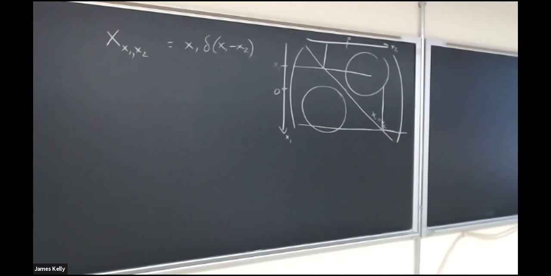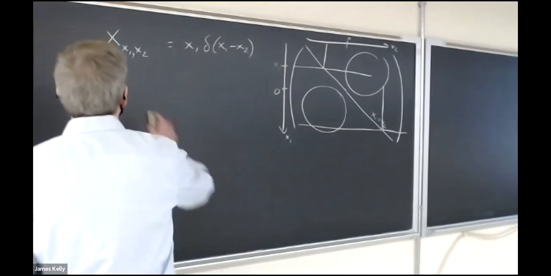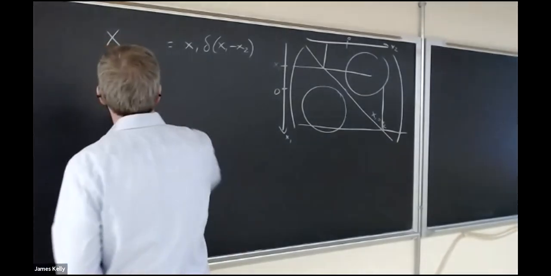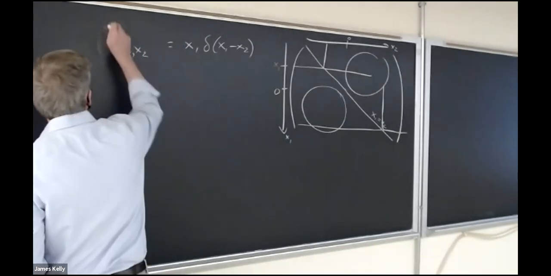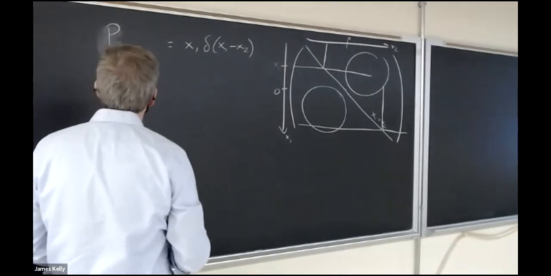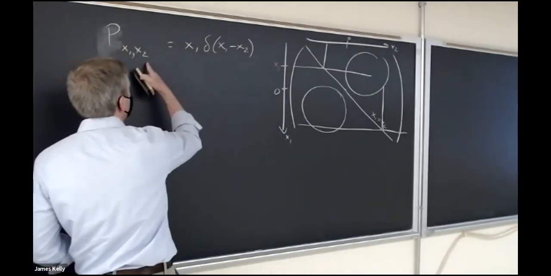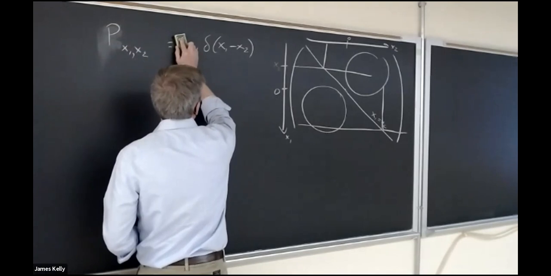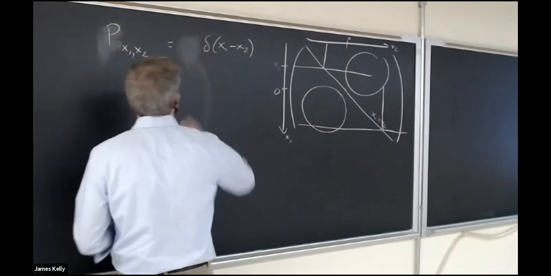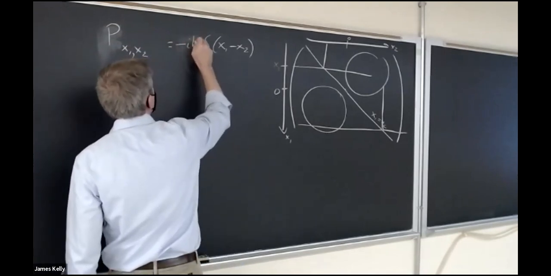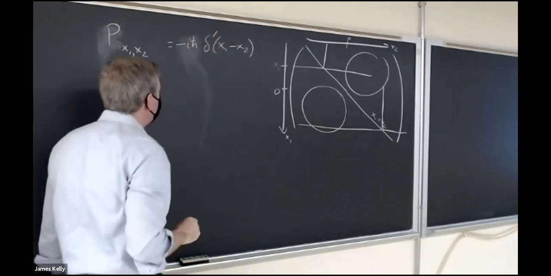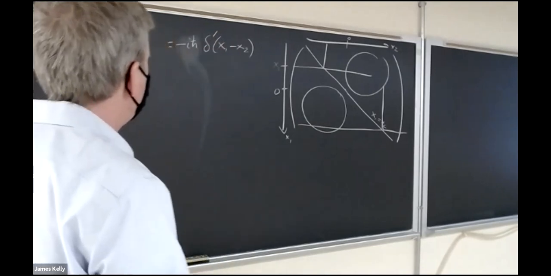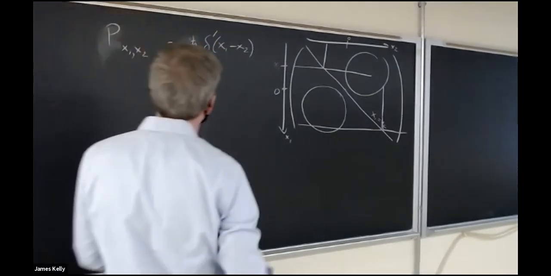So again, I guess we need to figure out what a derivative of a Dirac delta function looks like. So we just found out this. The momentum operator matrix elements in the position representation look like a constant. I'm not going to worry too much about the constant, but times the derivative of the Dirac delta function evaluated at x1 minus x2.